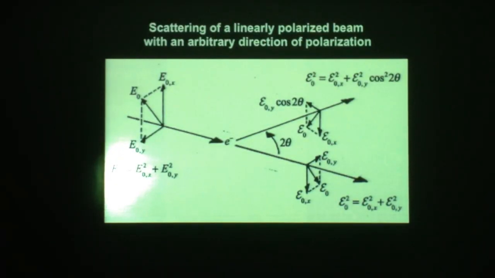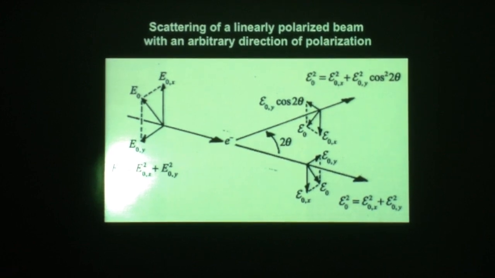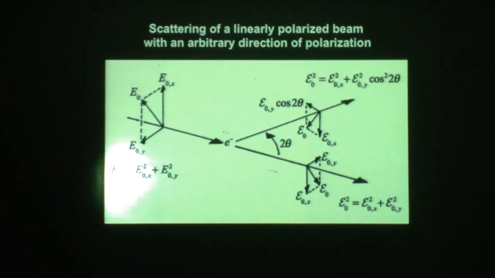So we talked a little bit about the notion of polarization. What do we mean by polarization? Well, polarization has to do with how the electric vector in the incident wave is oscillating. Is all the oscillation along this direction that we've conventionally called x, or all along this direction that we've conventionally called y?